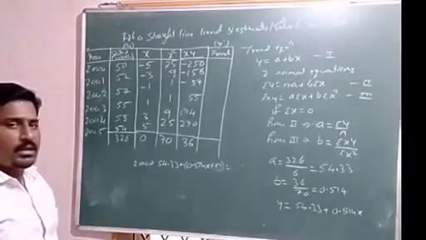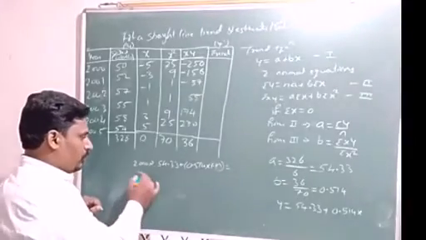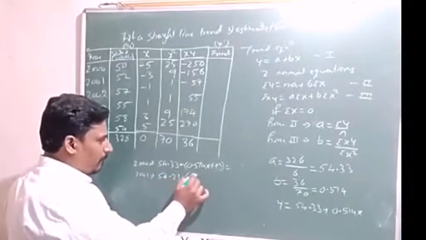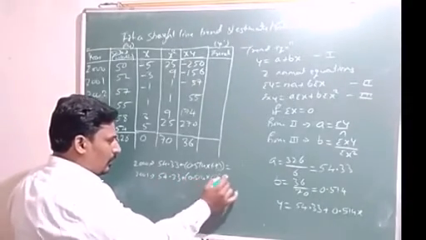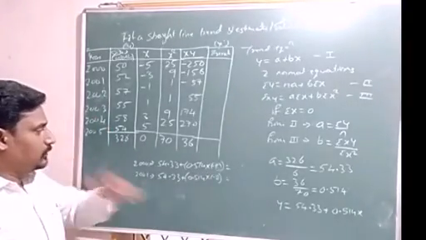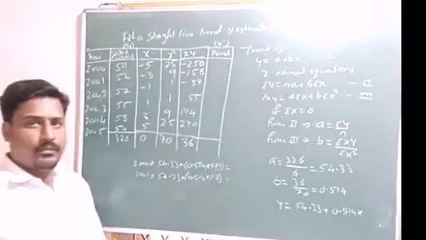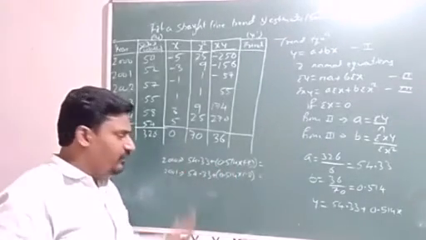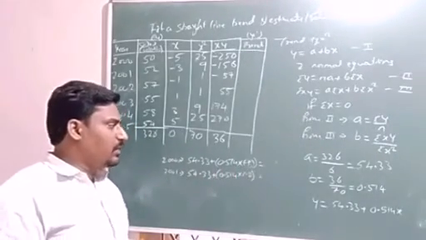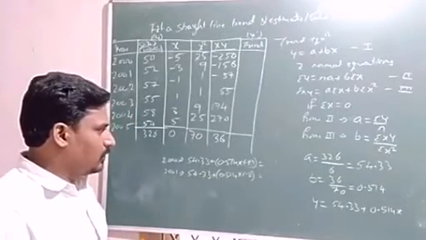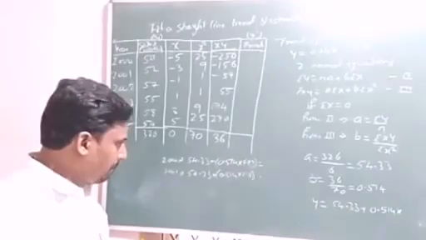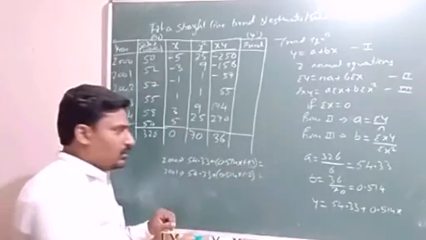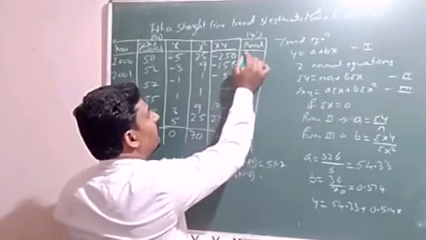How much? 0.514 into 5 is 2.57. 2.57 deducted from 54.33. So 54.33 minus 2.57 is 51.76.